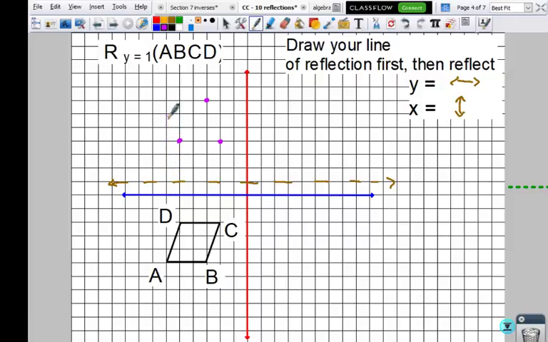Honestly, today is just annoying to count all the places. It's not really difficult, it's just kind of annoying. So I reflected it over the line y equals 1, and I have to go through and label everything. So I have C prime, D prime, A prime, B prime.